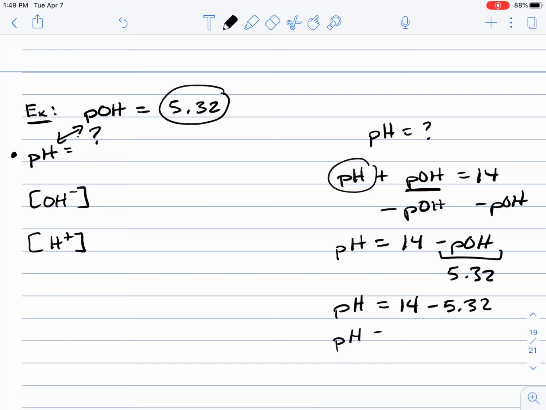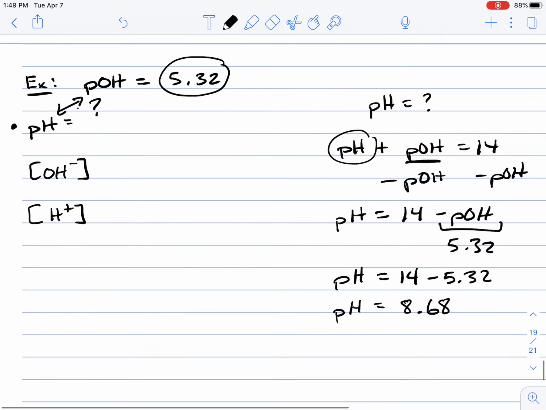So if I solve for pH, that value is going to be 8.68. Okay. And once again, notice that I started off with 2 places after the decimal. And so when I calculate my pH, I'm going to make sure I keep to 2 places after the decimal. Okay.